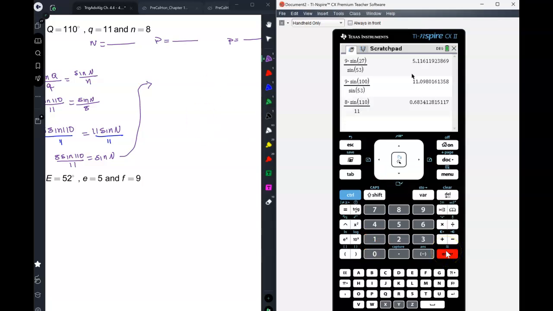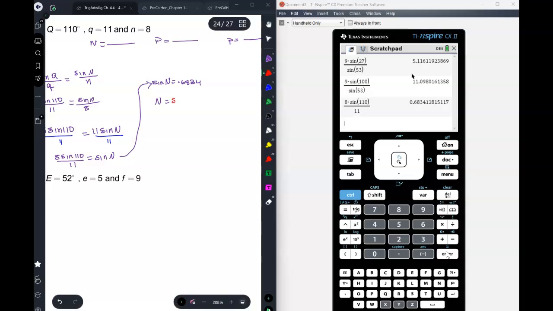Okay, look at what you get. But what is this equal to? Sine of n is equal to 0.6834 and so on. What is it that you are looking for though? You're looking for n, a degree. So now what you want to do is n is equal to inverse sine of that number.